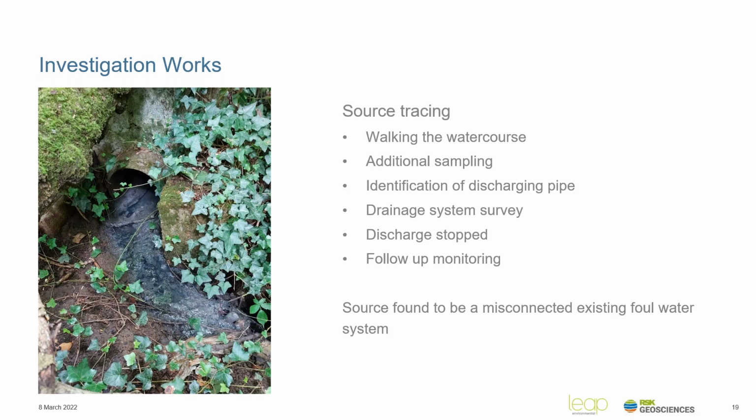It was a series of caravans, between 80 and 100 people on there at any one time, living in caravans with washing facilities and kitchens. That effluent then, foul water, then discharges into some sort of septic tank with the pumped overflow discharging into the surface water pipe, which is what we see discharging here.